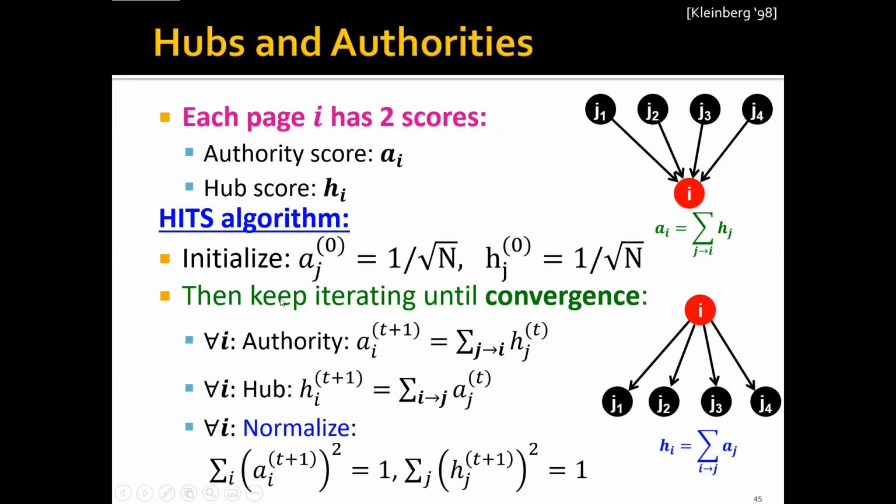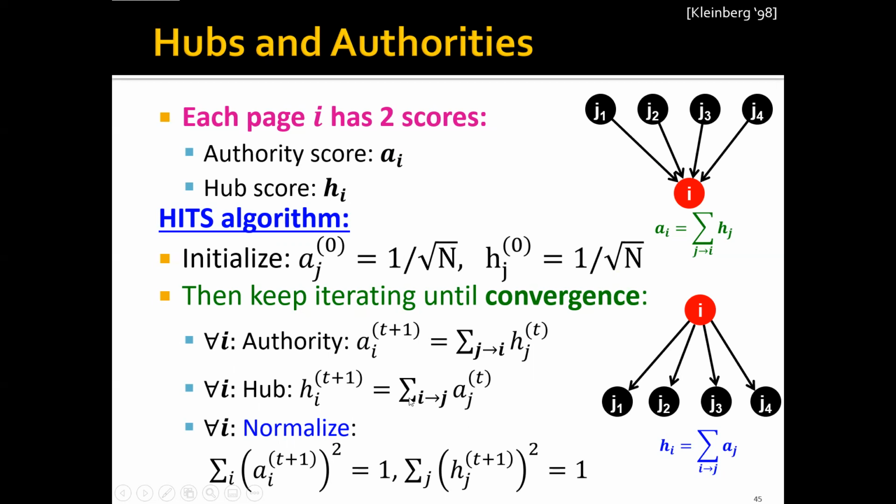The first of the 3 steps is updating the authority score. We update the authority score of each node as the sum of the hub scores of its inlinks. So basically, we will collect all the hub scores for this particular node I. And then we will update the hub score for each node using the sum of the authority scores that this node I points to.